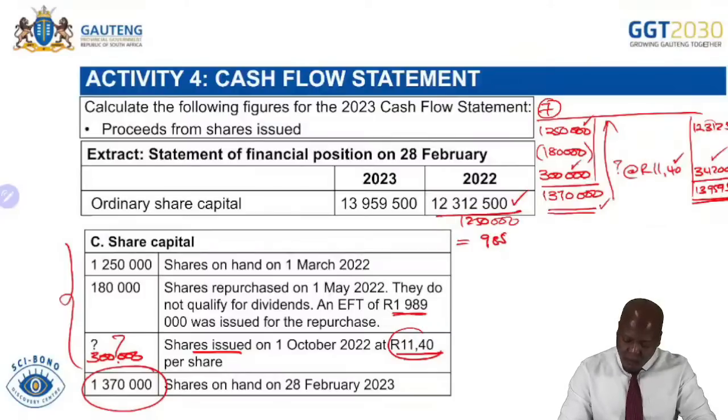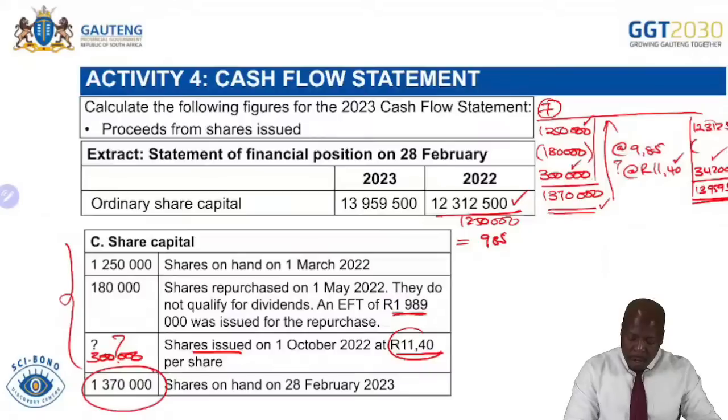So we say 180,000 were repurchased at 9 Rand 85. In note number 7, we record the average price. So here I'm going to say your 180,000 times the 9 Rand 85.